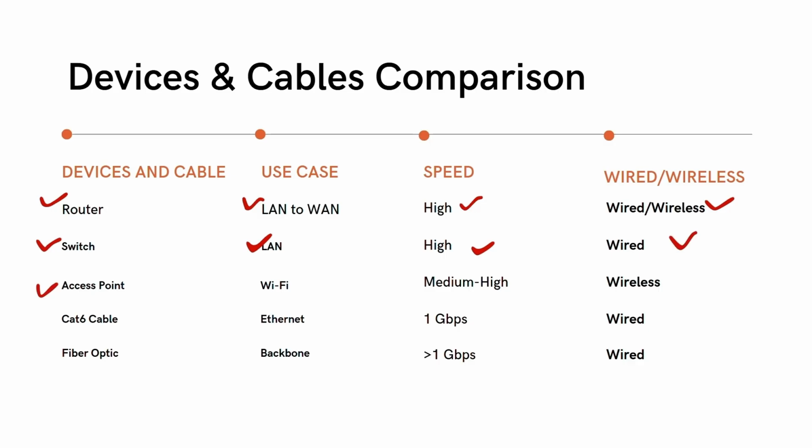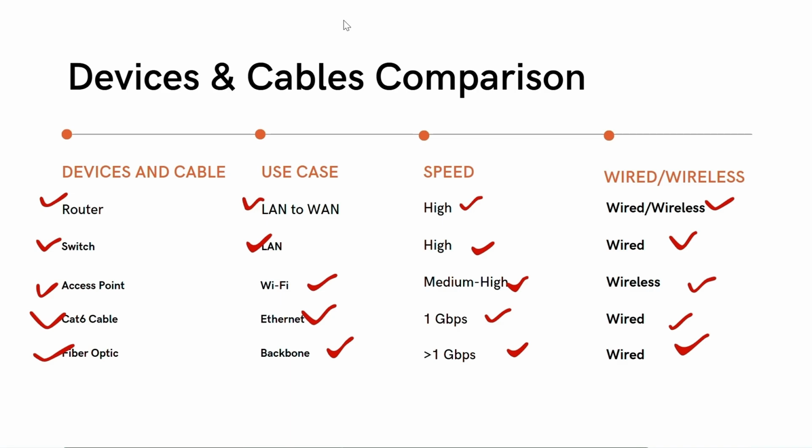Access point is for Wi-Fi. As a Wi-Fi इसको यूज़ कर सकते हैं, और इसकी speed है medium to high, and it is wireless. Cat 6 cable is an Ethernet cable एज ए ईथरनेट इसको यूज़ कर सकते हैं। इसकी स्पीड है 1 Gbps एंड इट इज़ अ वायर्ड केबल। And fiber optics is the backbone, greater than 1 Gbps, and it is wired. So these are the basics you should know for choosing the right device for the right network.